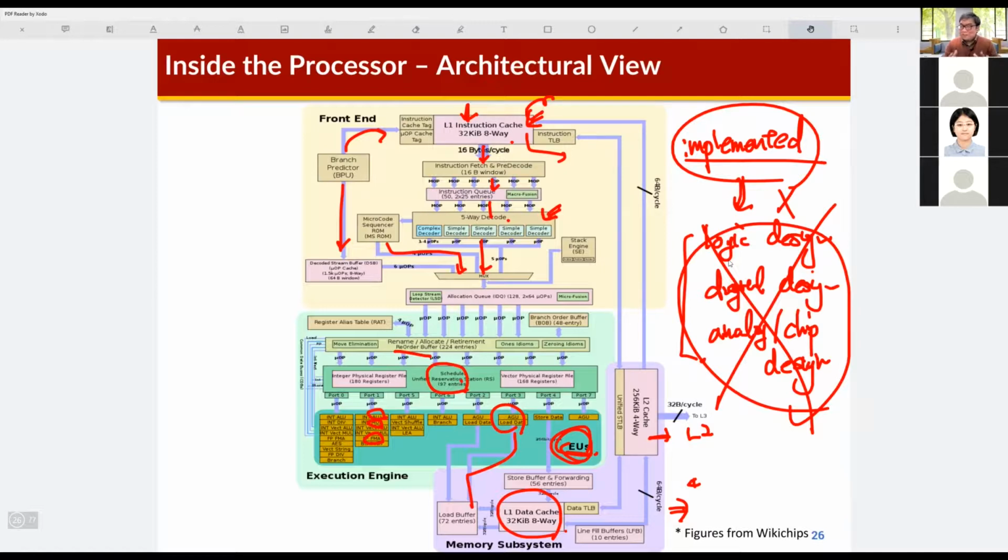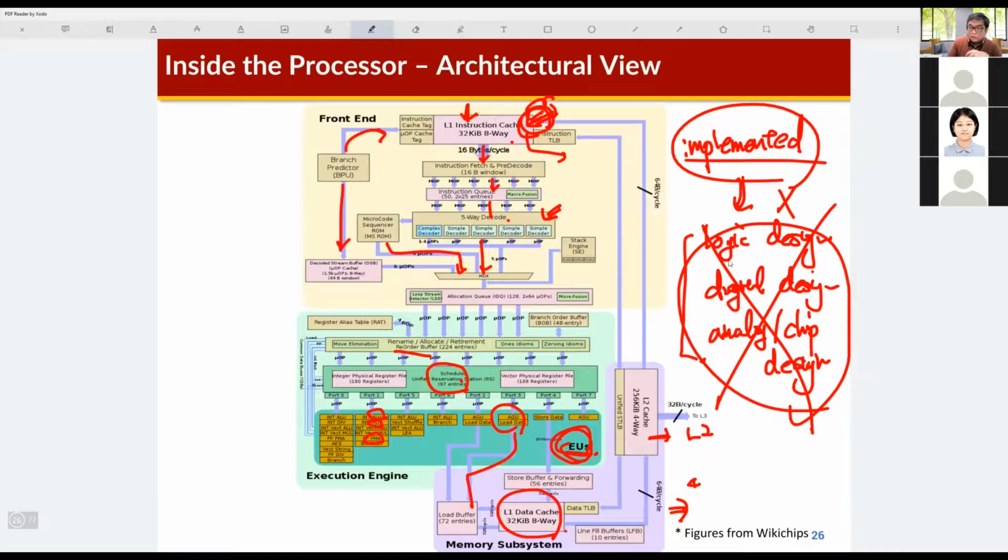Actually, this processor is also very complex, and it's not a level of the undergraduate student, but like this diagram or figure, we will learn about some operation of each block here.